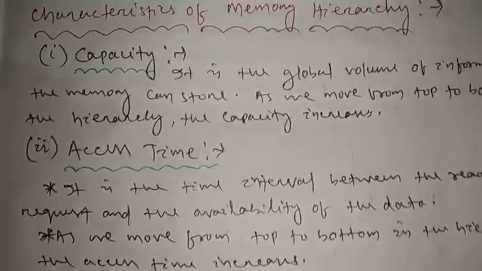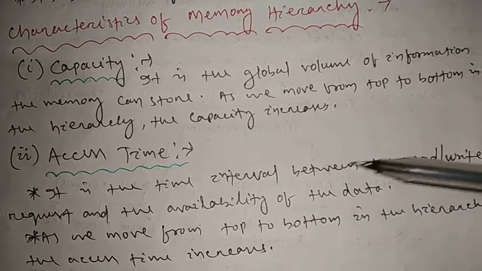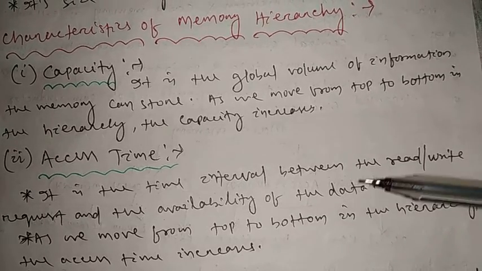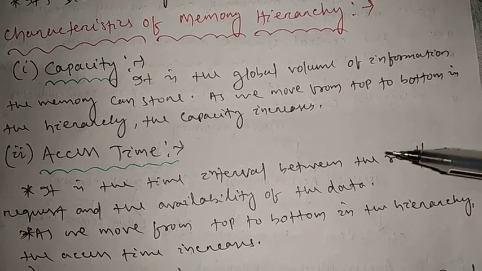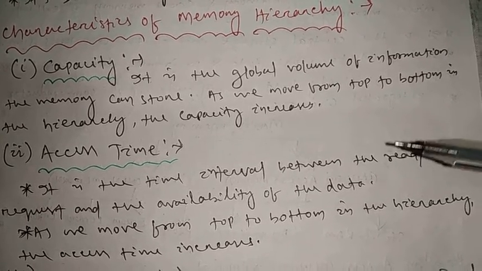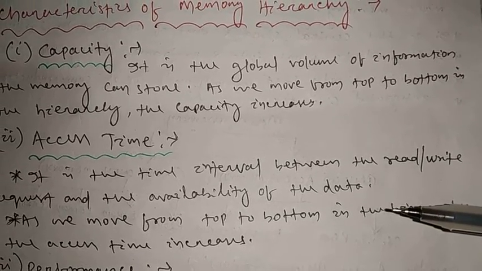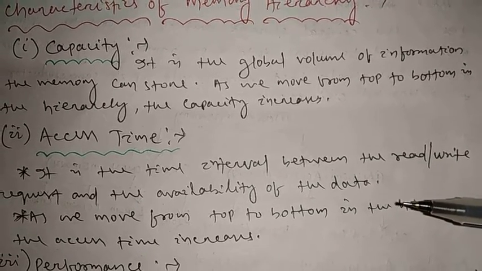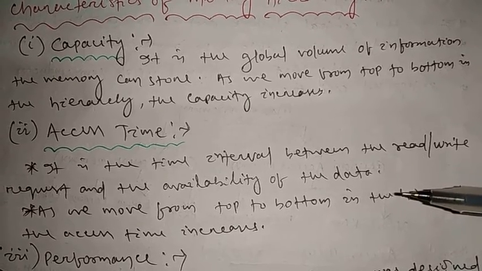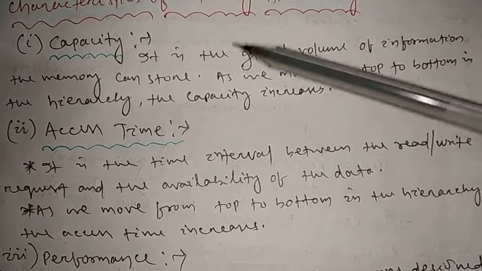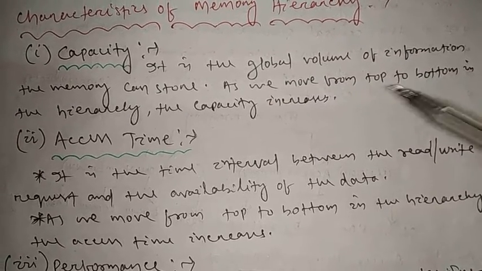Okay. So it is the global volume of information the memory can store. As we move from top to bottom in the hierarchy, the capacity increases. So normally auxiliary memory or secondary storage devices like hard disks, external hard disks, are used to store what? Maximum amount of information. That's why it is saying that it is the global volume of information the memory can store.